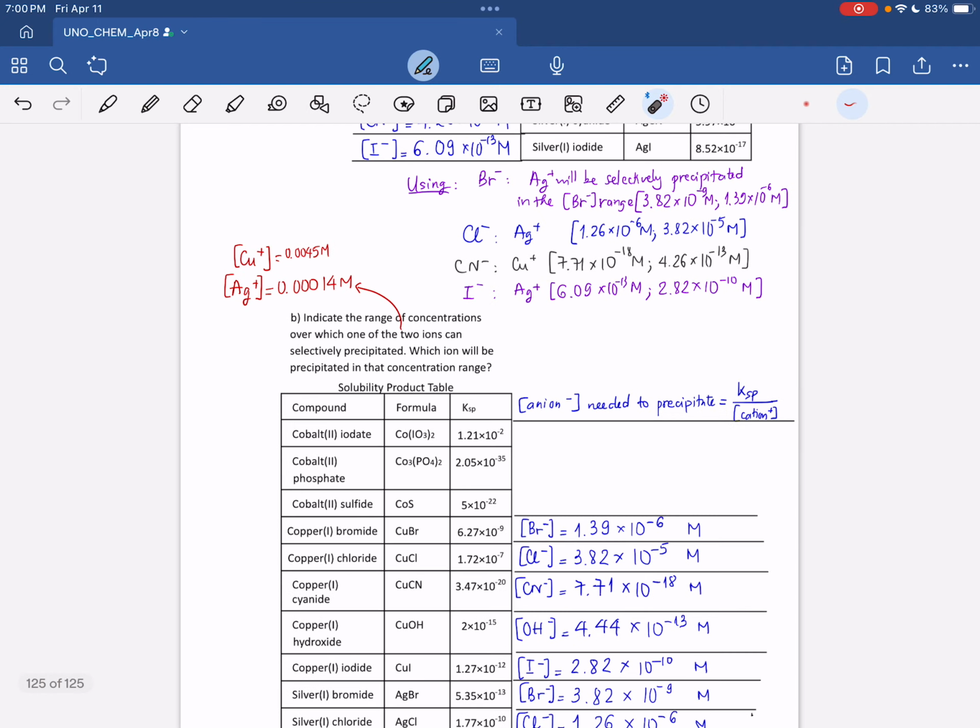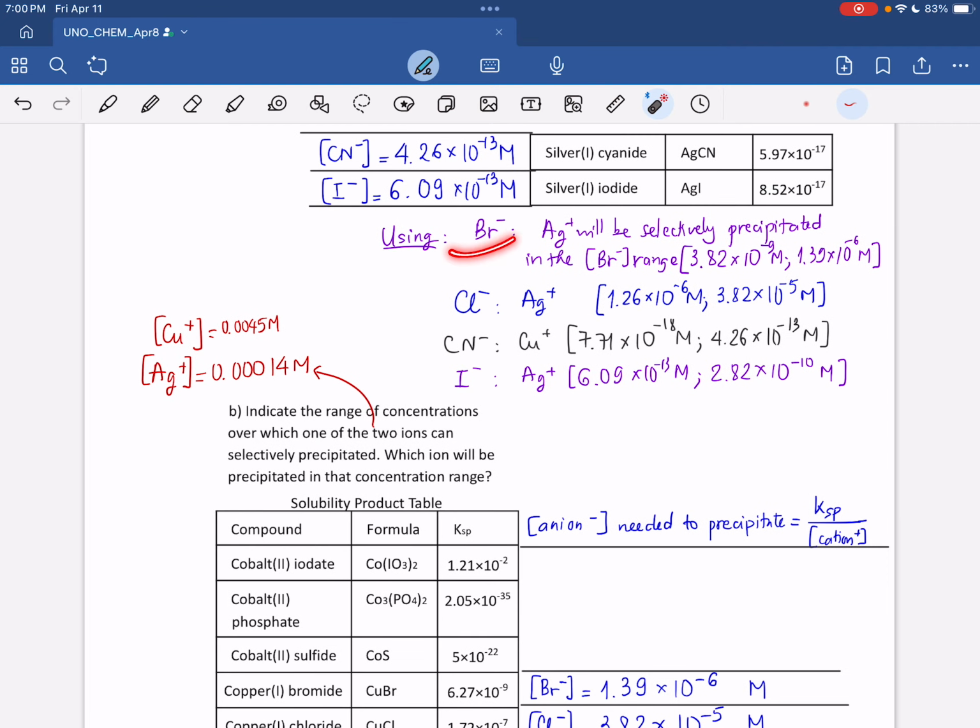It means that if the concentration of the bromide is in that range, just before reaching this value, then only the silver ion will be precipitated, right? This is not enough to precipitate the copper. So only the silver will be precipitated, and that's why this is a selective precipitation.